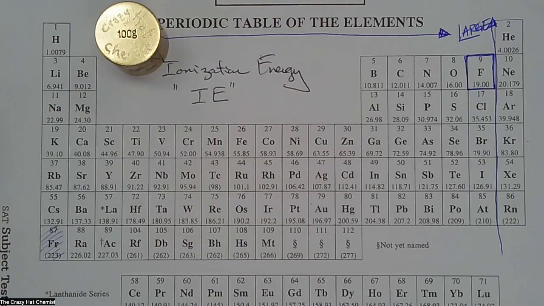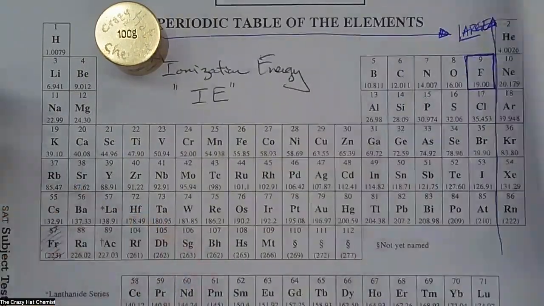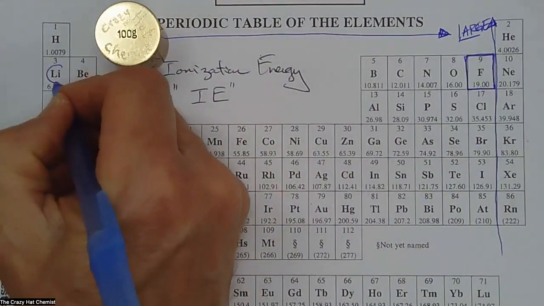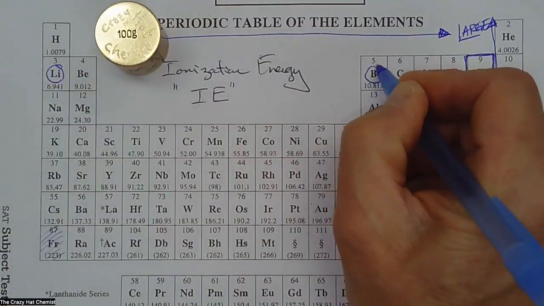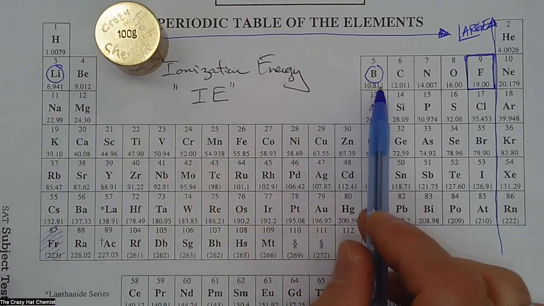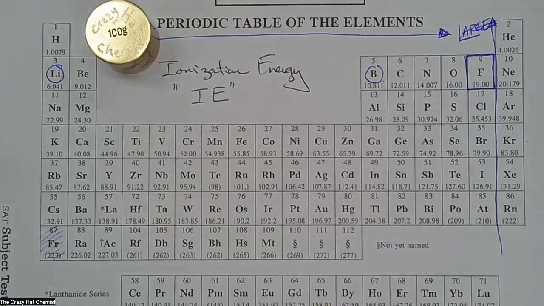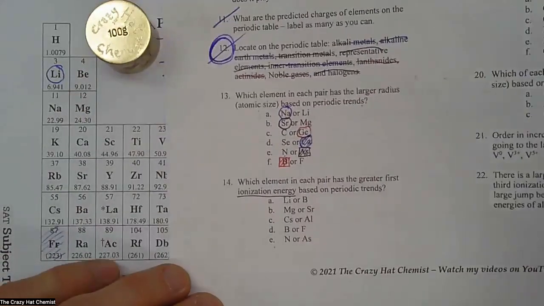Okay, all right, so the first one was lithium or boron. What we're going to do is circle lithium and boron, and which one has the greater ionization energy? Well, the one that is further to the right. And so that would most certainly be boron. So let's circle that one.